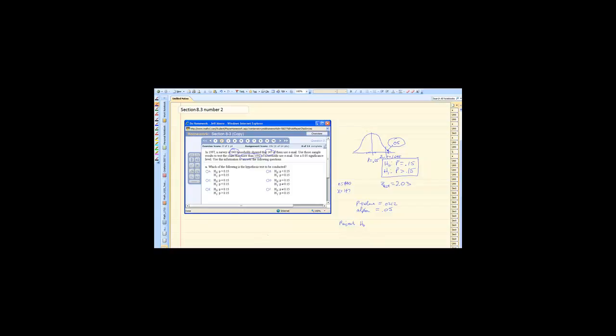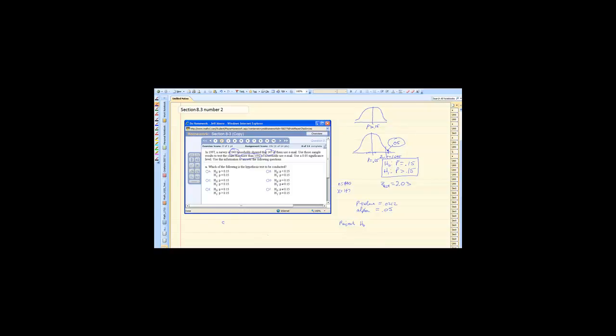That the actual distribution looks like this with a population proportion that is greater than 0.15. So we have drawn this same conclusion in two different ways. Our test statistic is greater than the critical value.